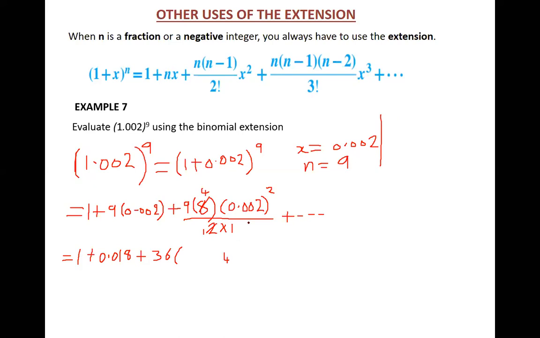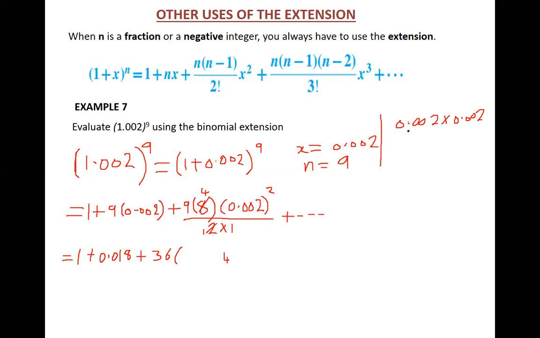Then when you get your 4, you start now, you count how many decimal places do you have? Let me just write it here. 0.002 times 0.002.